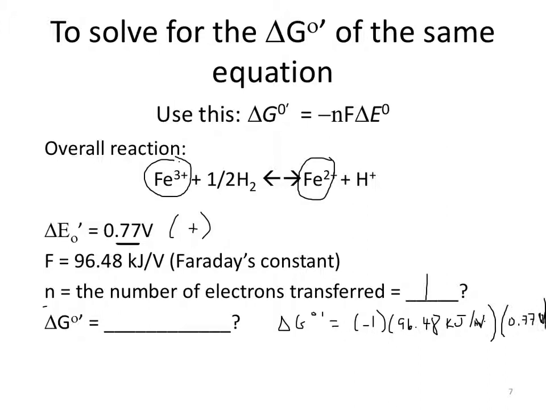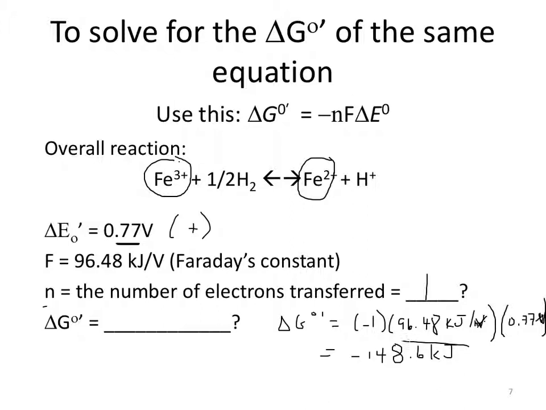I'm running out of room here. The volts are going to cancel out, and we are left with an answer of -148.6 kilojoules. Because this was at standard conditions, we can also know that that's -148.6 kilojoules per mole.